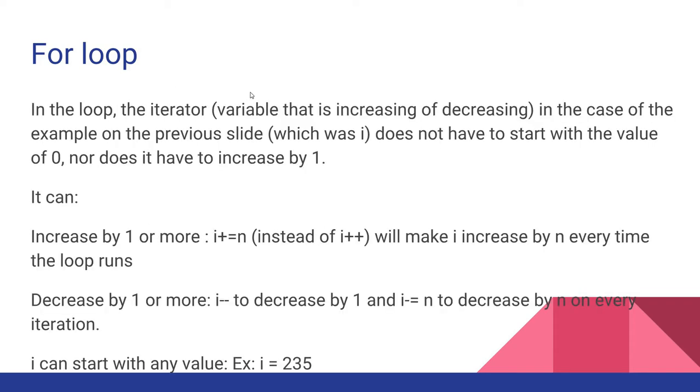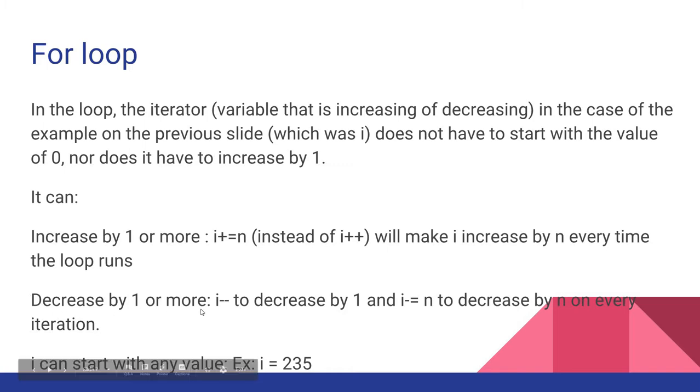In the loop, the iterator, which is the variable that is increasing or decreasing, in the case of the example on the previous slide, which was named i, does not have to start with the value 0, nor does it have to increase by 1. It can increase by 1 or more by writing i plus equals, then the value you want it to increase by.